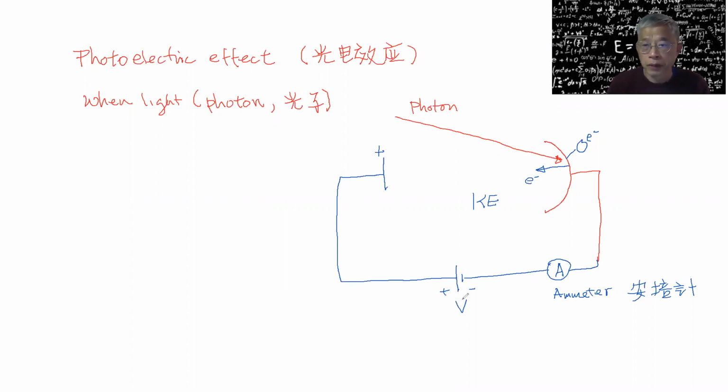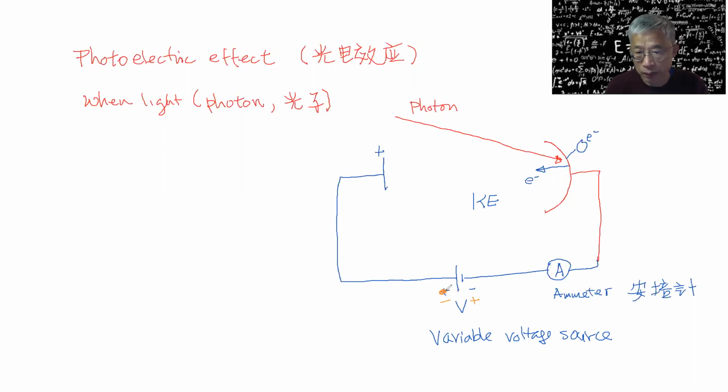Now, if we make this one a variable voltage source, meaning we can reverse the polarity and also change the V value, so instead of going this way, we reverse it so this becomes minus and positive.